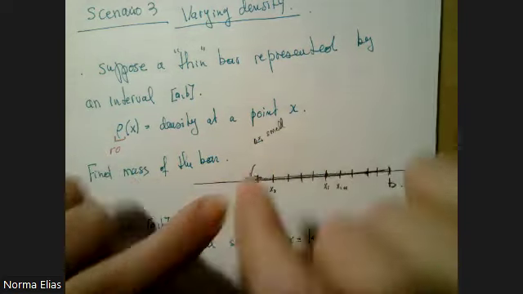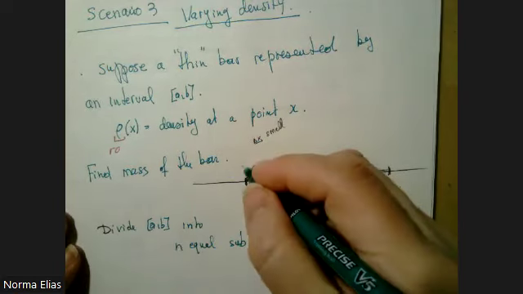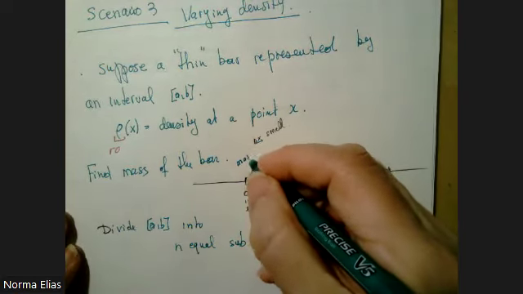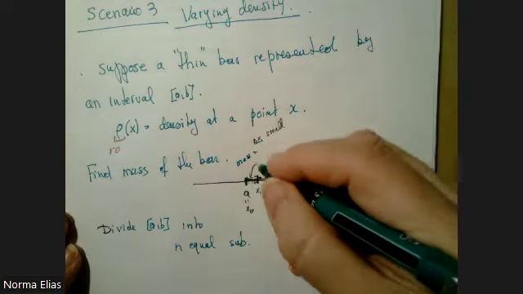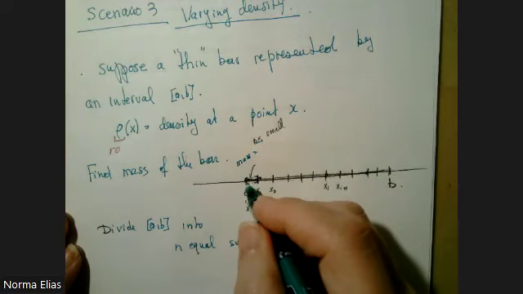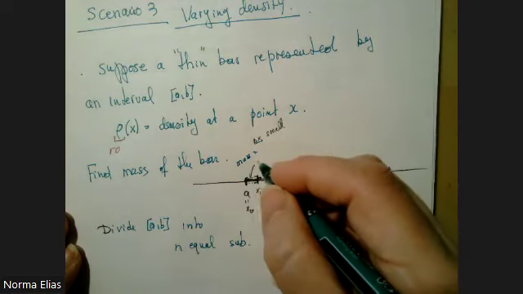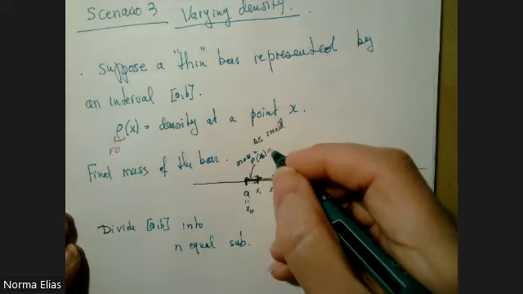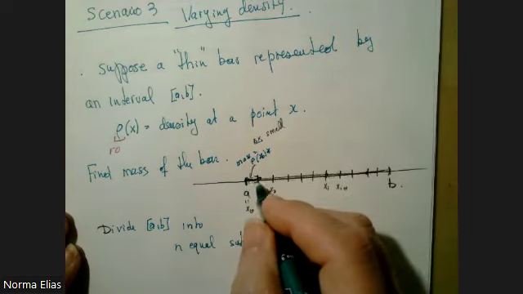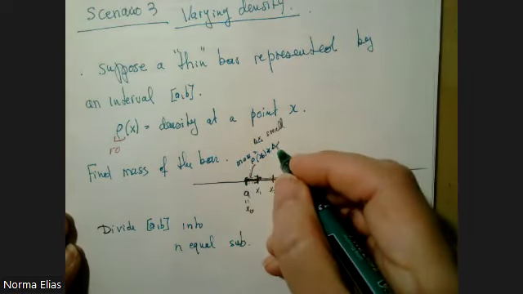But if delta x is very, very small, I can assume that for the mass of this little piece here, the density is not changing. It's going to be the density at any point in the interval. So I can take the density at x0 times the length of this interval, which is delta x.